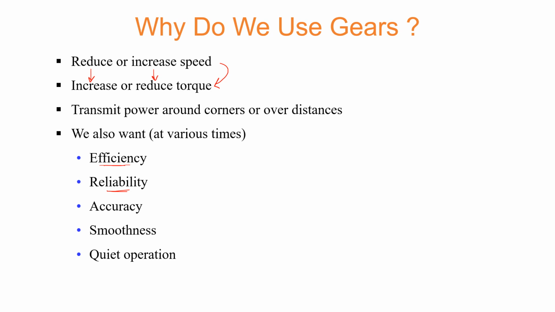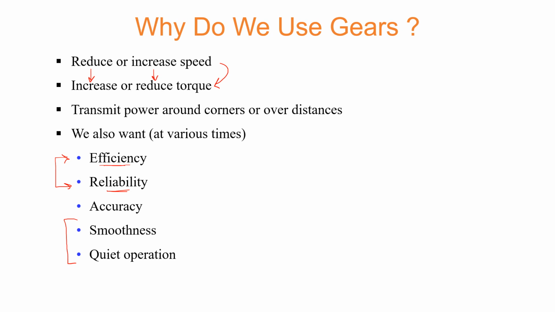So that may have a direct bearing on selecting these kinds of gear profiles. Accuracy is also an important aspect to be considered, and also the smoothness, the reduction in noise, the reduction in vibrations while transmitting is going to be an important set of considerations as well.